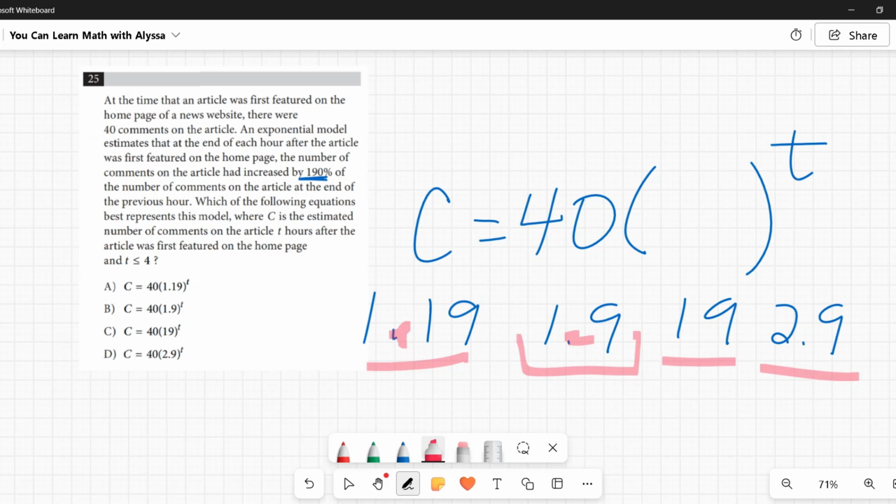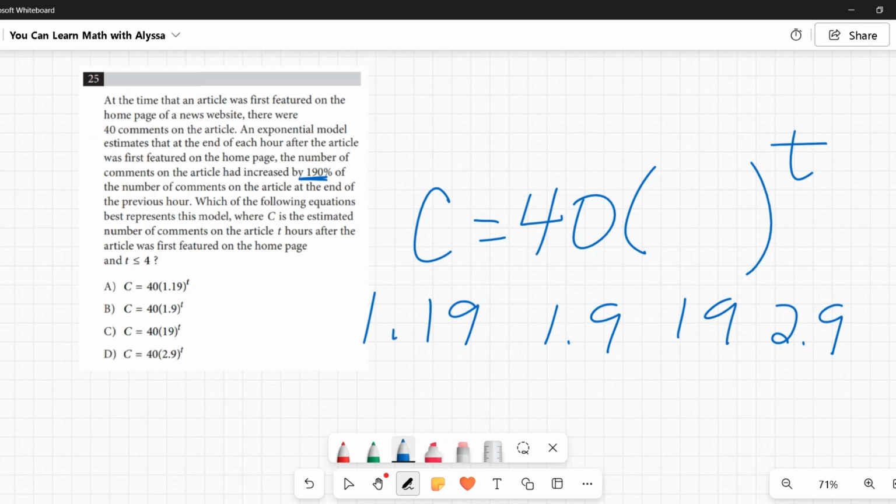And then we have this outlier of 2.9. I'm going to bet that a huge majority of the students taking this are going to be drawn to this 1.9. They're going to click on it and move on and get it wrong because this is an increase by 190%, not times 190%.